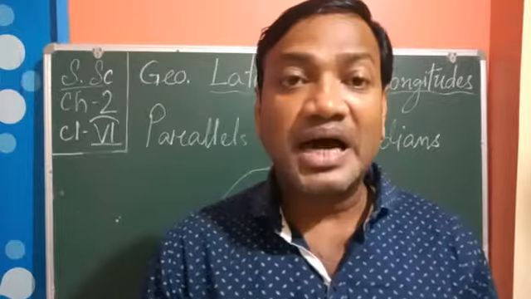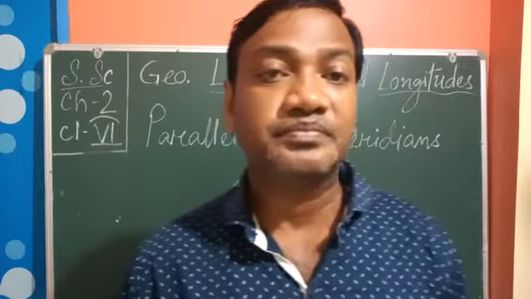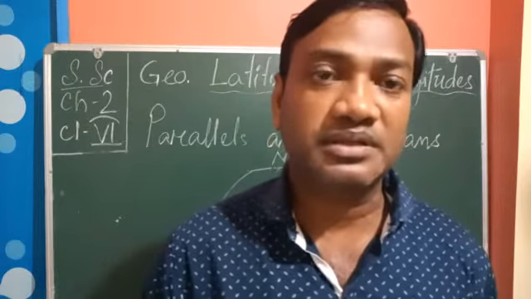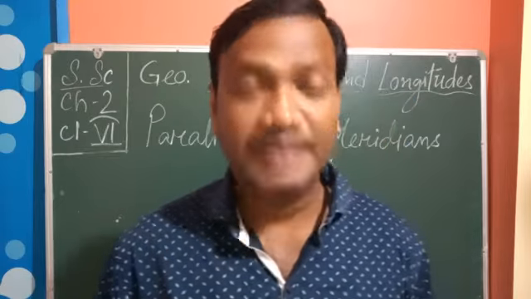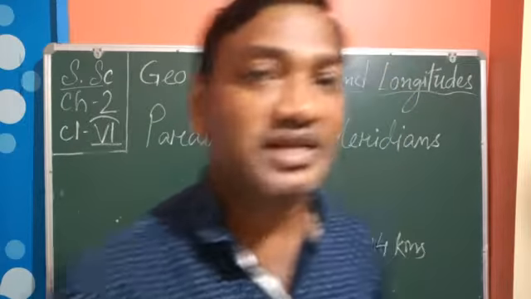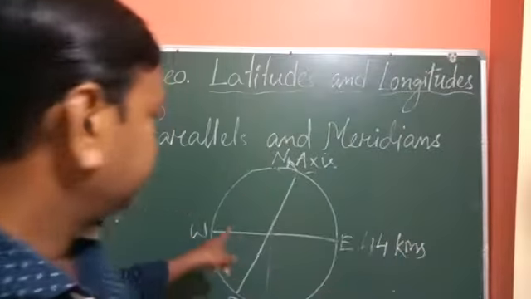And we can divide the earth into two equal parts. That also we came to know in our last chapter of geography. We have come to know that the equator divides the earth into two equal parts.